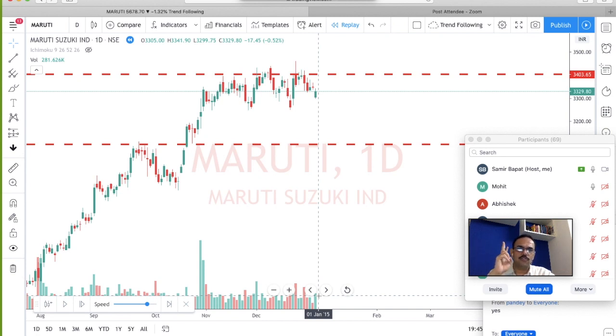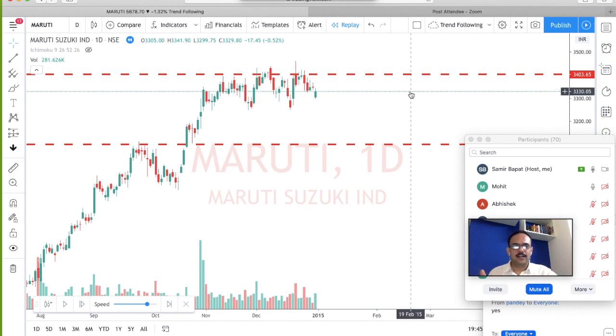Point number two, you have to always remember that since we all are human beings, we all would like to speak or see or work in round numbers, right? So we are more comfortable with the round number. So I had drawn this line at 3403.65. It is very difficult, even in TV discussions they'll say round numbers, which is maybe in tens or 5 depending on how the share value is.